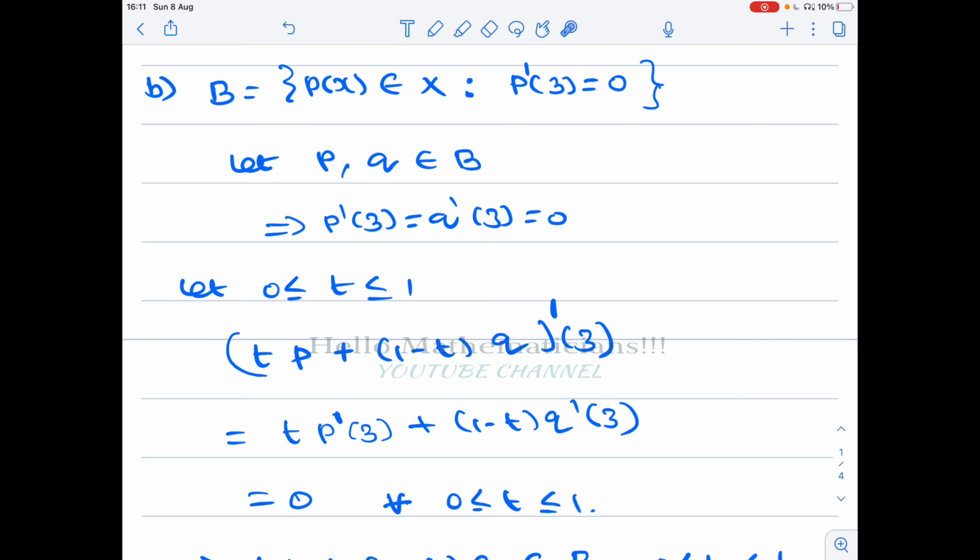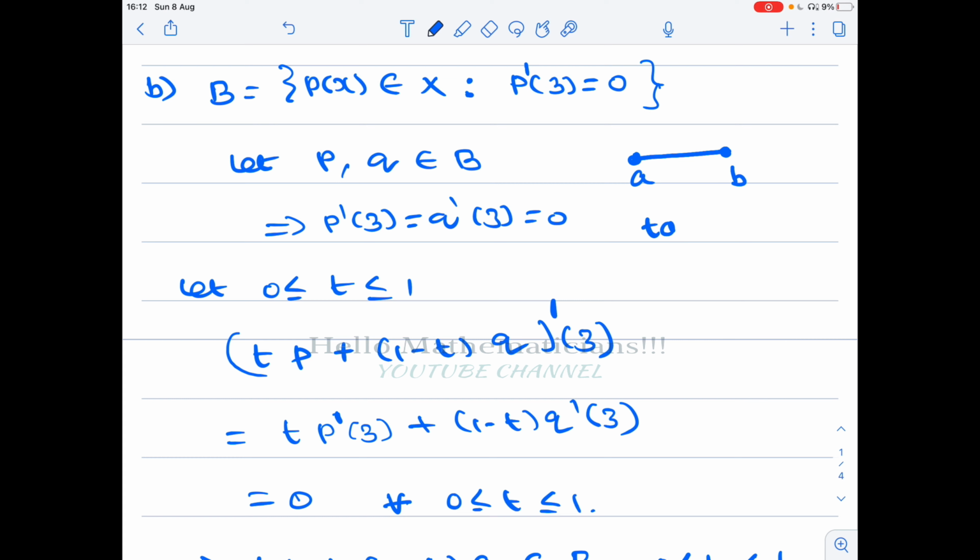Suppose you have a point A and a point B, then we claim that the line segment joining A and B will belong to the set if both these points belong to it. But how do we parameterize the line joining A and B?